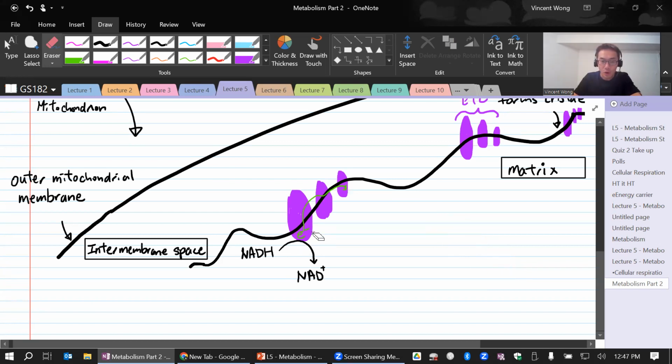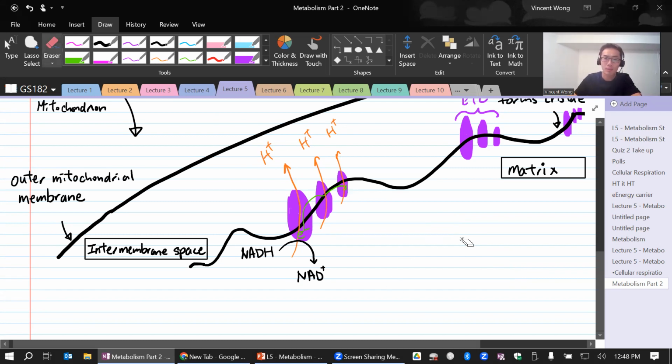As the electron passes down the ETC, the proteins here will use the energy from those high energy electrons to pump H plus from the matrix into the intermembrane space.